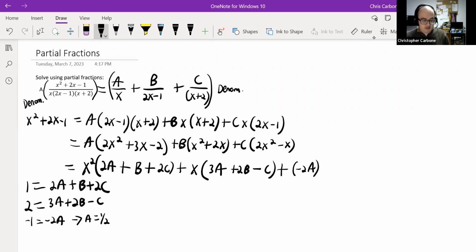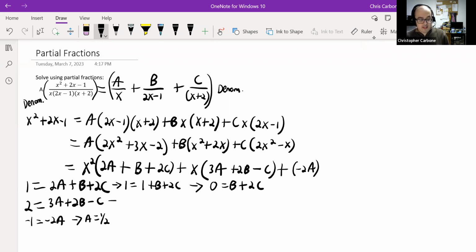If we put that into the other two equations, this top one becomes 1 is equal to 1/2 times 2, so 1 plus b plus 2c, which then makes 0 equal to b plus 2c.